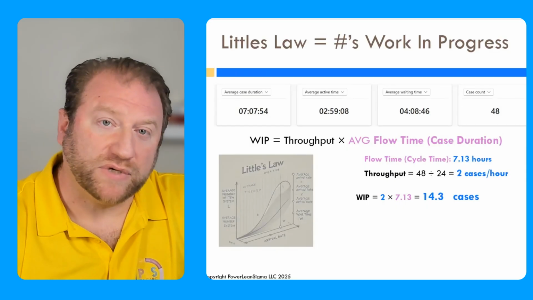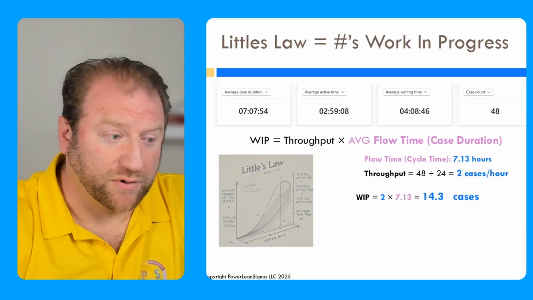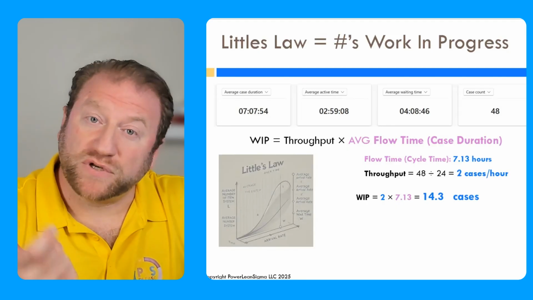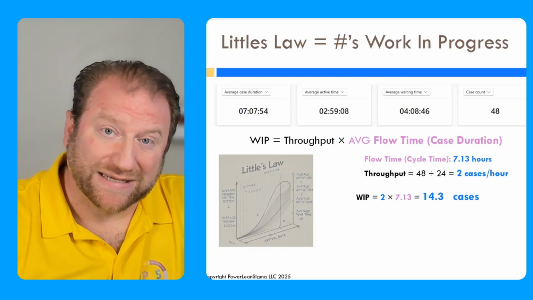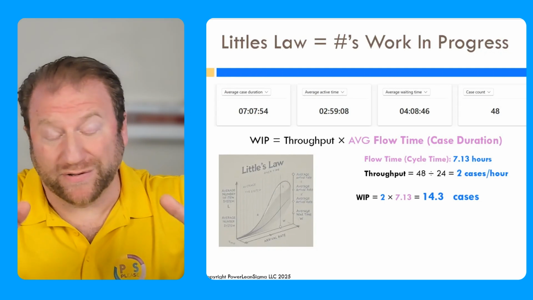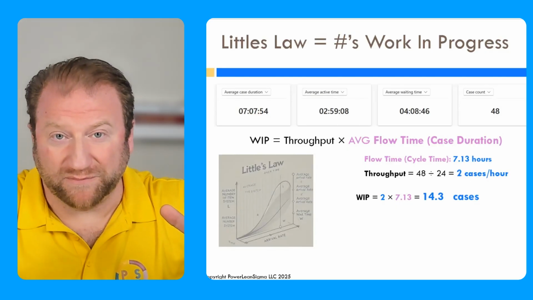So we take our 2 cases an hour, multiply that by our 7.13, and we have 14.3 cases, which is what we consider to be work in progress throughout our process.